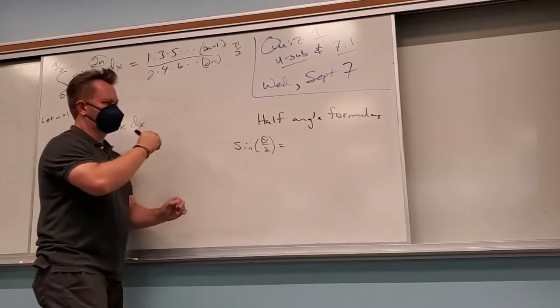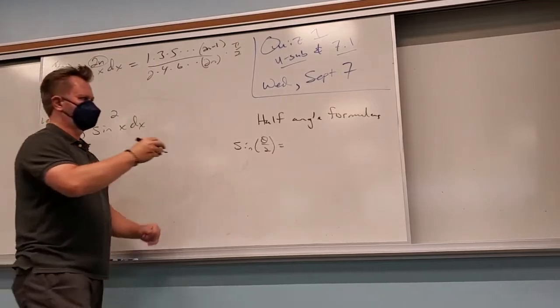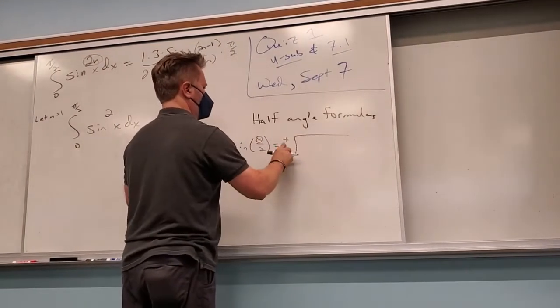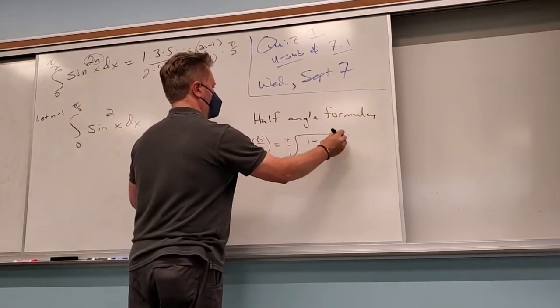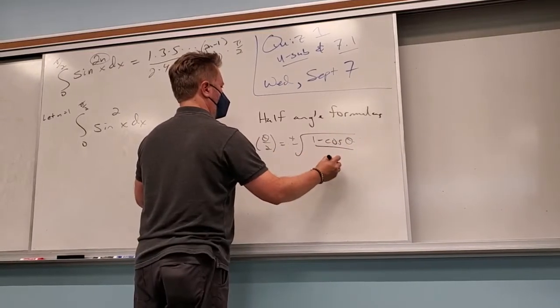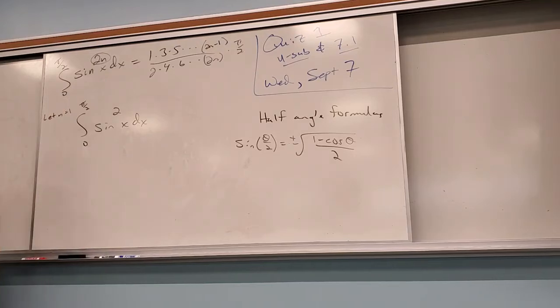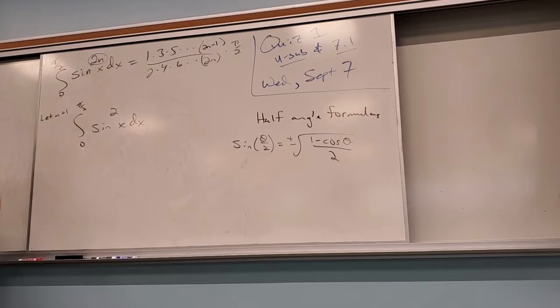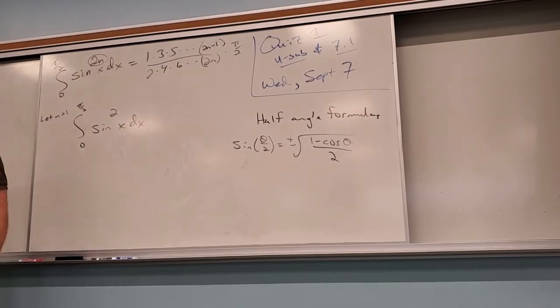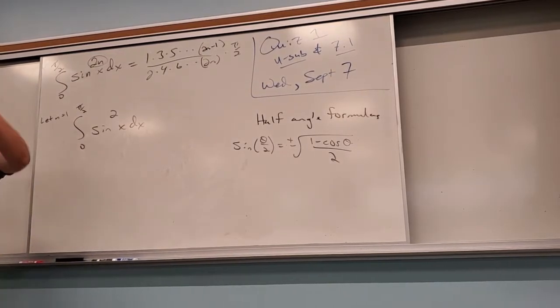Plus or minus root of 1 minus cosine theta over 2. Yes. Right? The rest of you guys are like, whatever, man. All right, so that's awesome. And again, that's on that green sheet that I put up on Canvas.